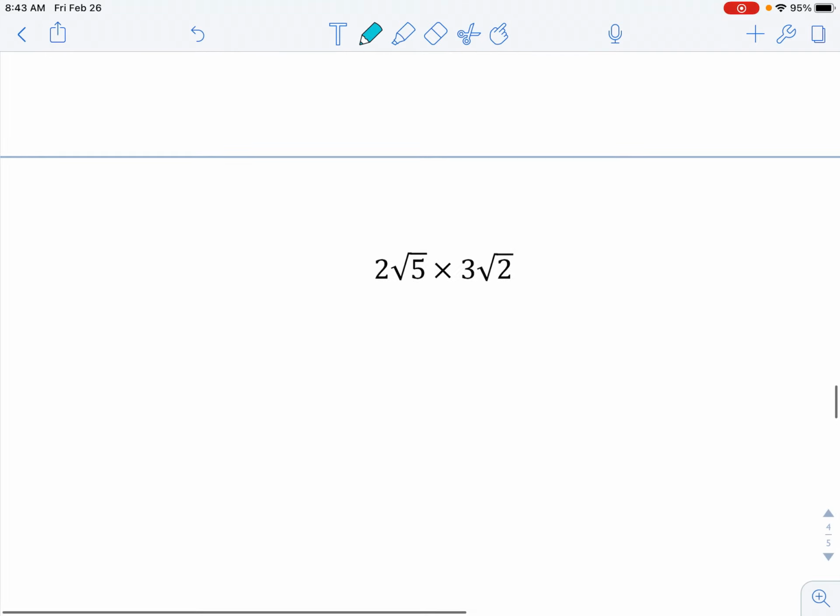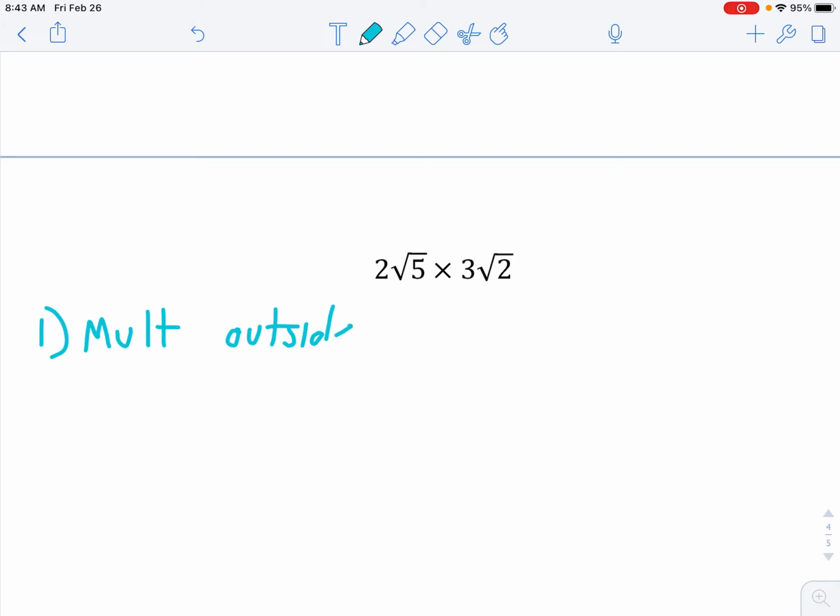Doing these problems right here, you multiply outside, multiply inside, and then simplify.